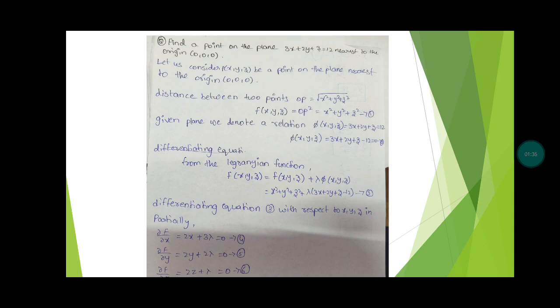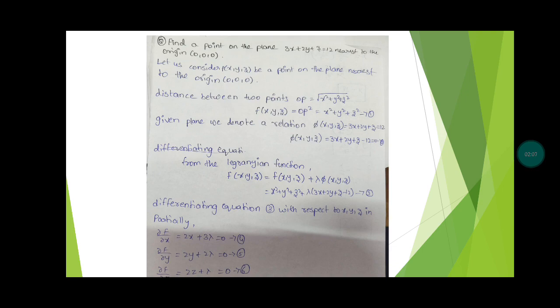And here our problem is to find a point on the plane 3x + 2y + z = 12 nearest to the origin (0, 0, 0). First, let us consider P(x, y, z) to be a point on the plane nearest to the origin. We know that the origin is (0, 0, 0). The distance between 2 points formula is square root of a square plus b square plus c square.